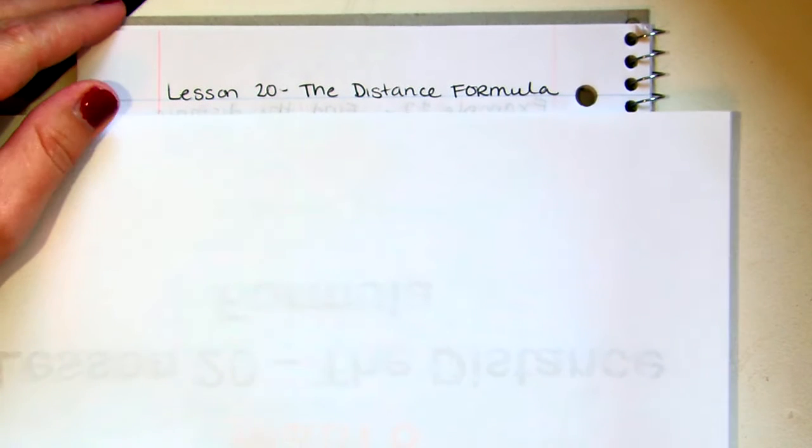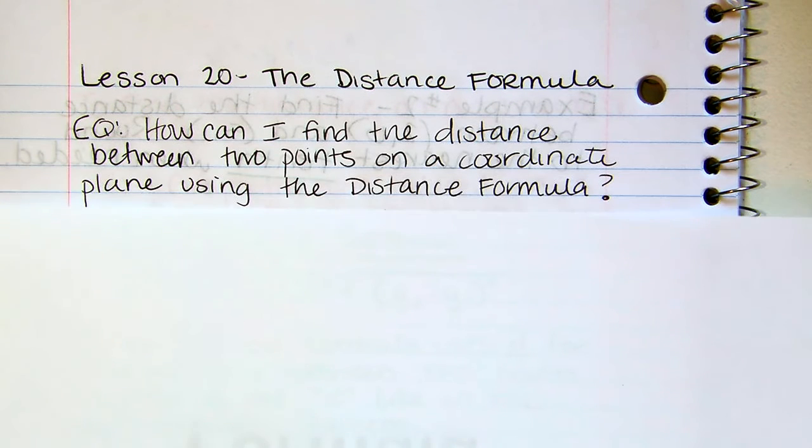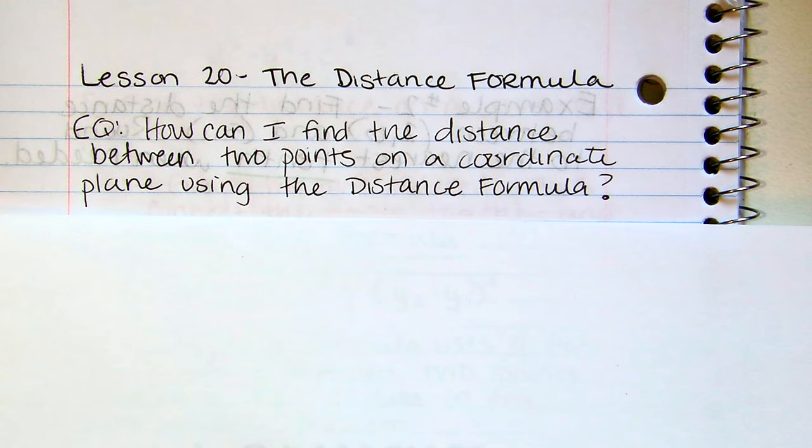So to begin with, once again, this is lesson 20, the distance formula. I'm going to zoom in and we are going to refocus. And there we go. Our essential question for this lesson is, how can I find the distance between 2 points on a coordinate plane using the distance formula?